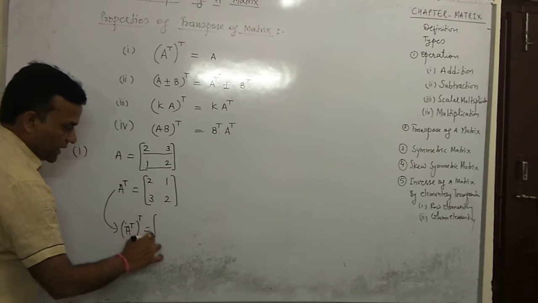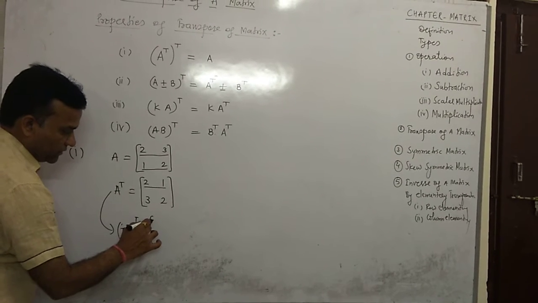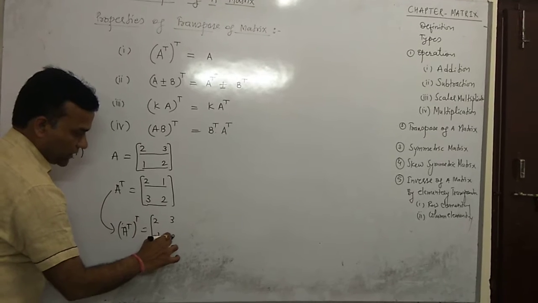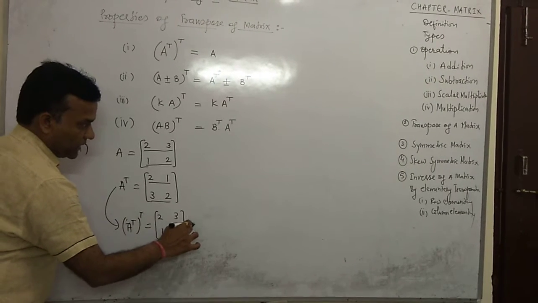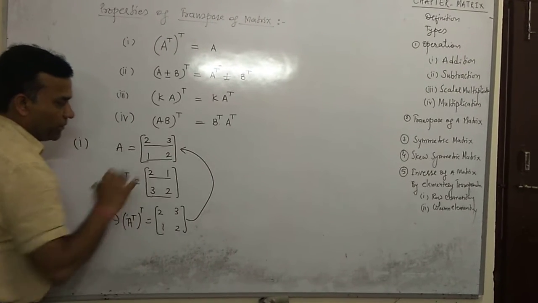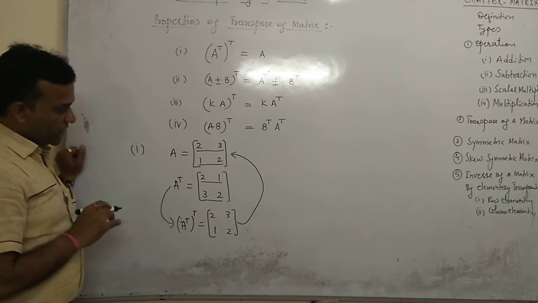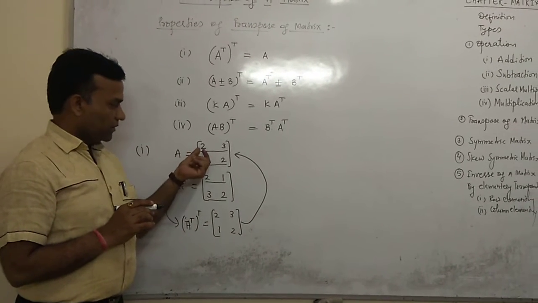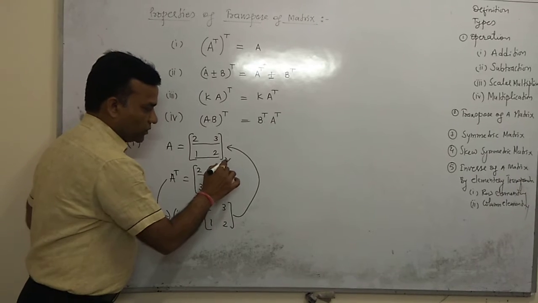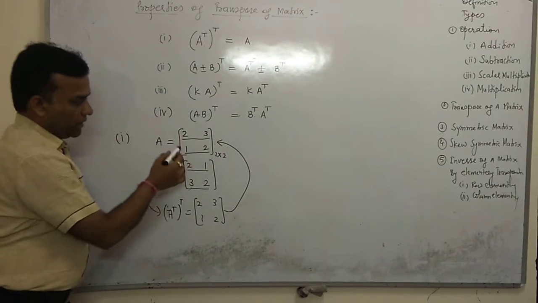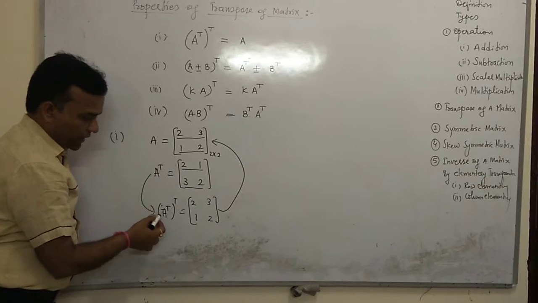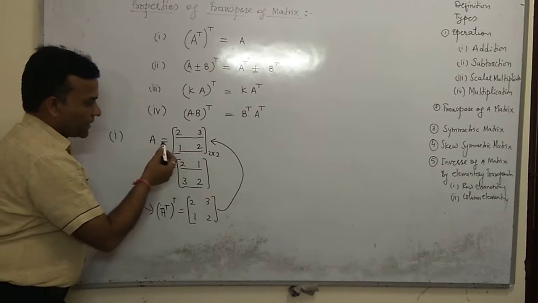Again it is itself: 2, 1 you write down as a column, similarly 3, 2, and then again we have the same matrix A. So the first property is proved with an example. You can consider any order, here 2 by 2. The rows 2, 3 and 1, 2 are converted into columns, and when we again find the transpose, it is itself.